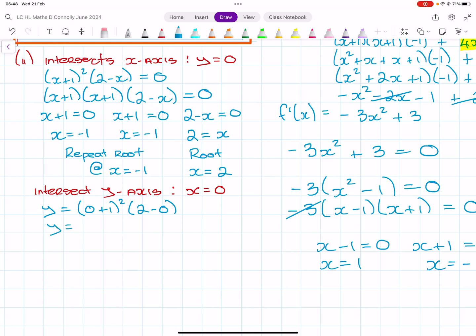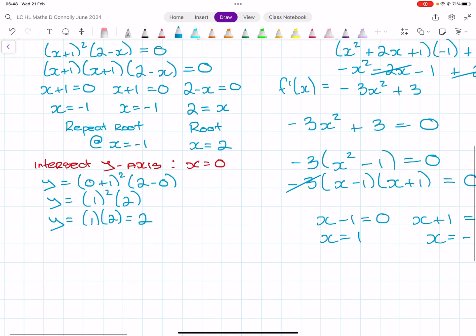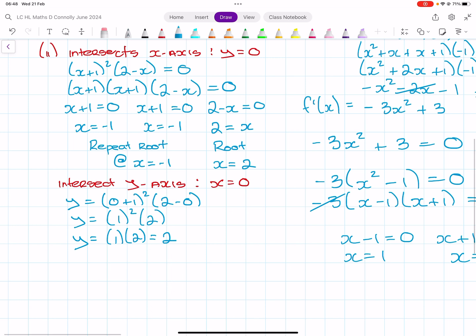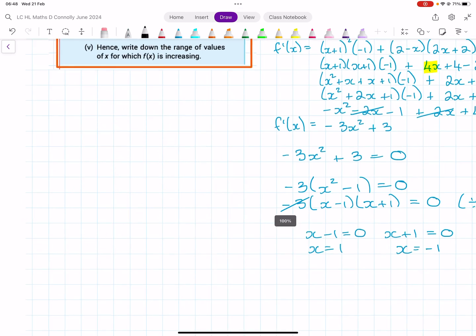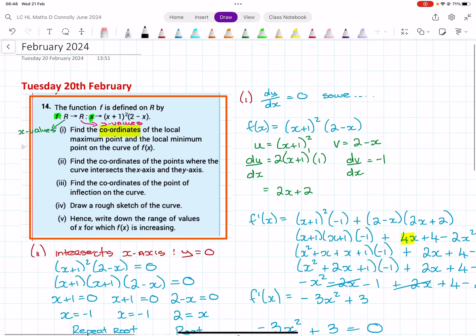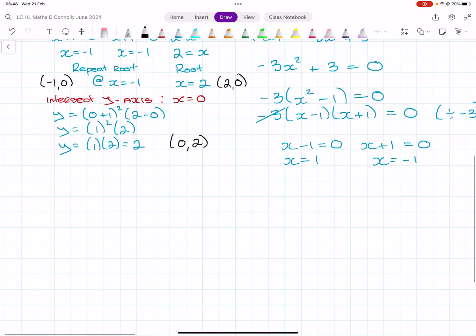So that is 0 plus 1 is 1 squared. 2 minus 0 is 2. So 1 times 2 is 2. I never wrote the points here, that's annoying. So this is minus 1, 0. This is 2, 0. And this is 0, 2. There they are.